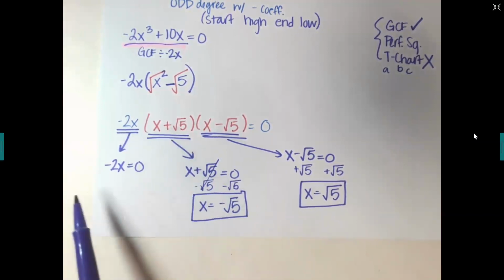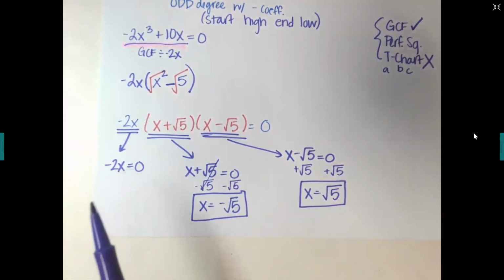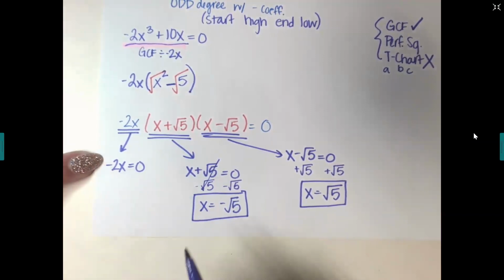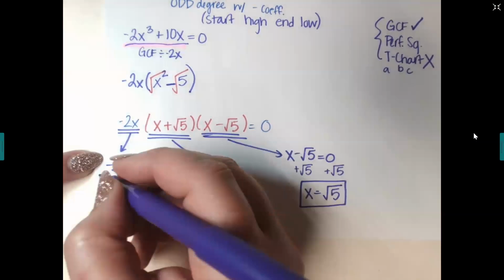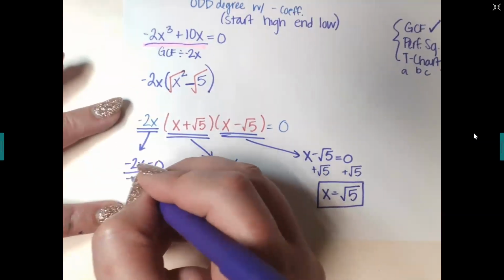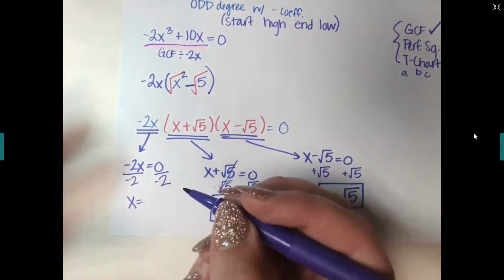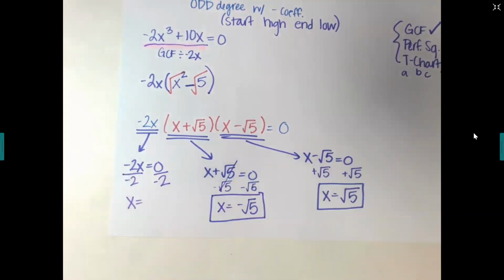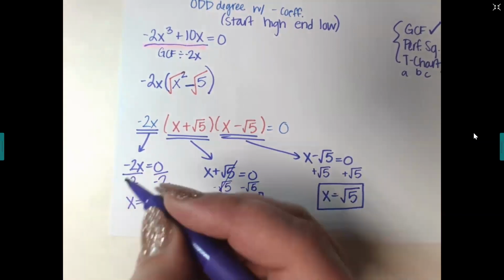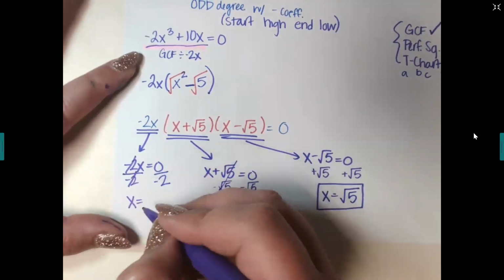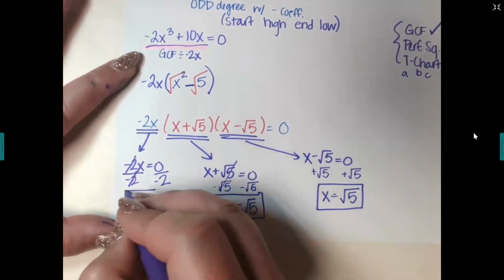Okay, then my last one here is a -2x. Okay, if you have a number right in front of the x like that, that's -2 times x, then you're going to divide by -2 to cancel that out. Okay, but 0, even if you divide it by -2 on both sides to cross this out, that's going to just stay a 0.